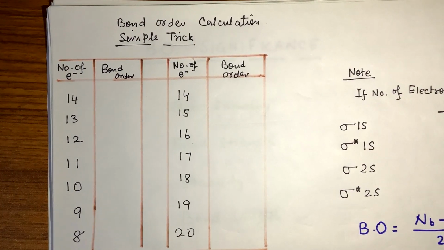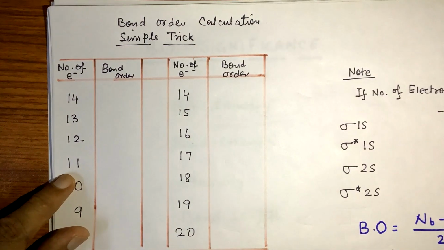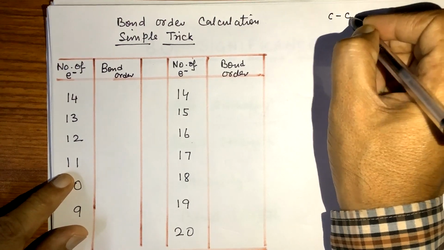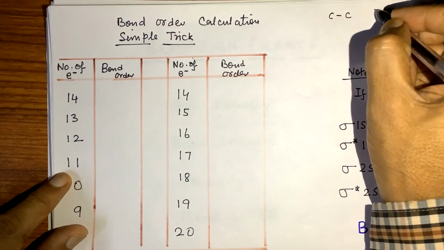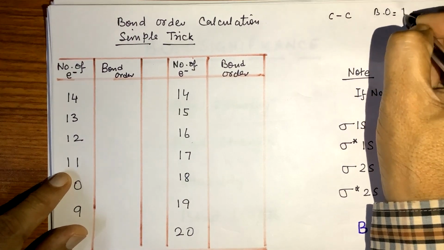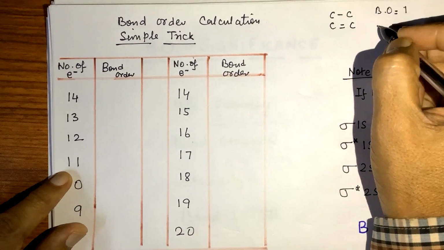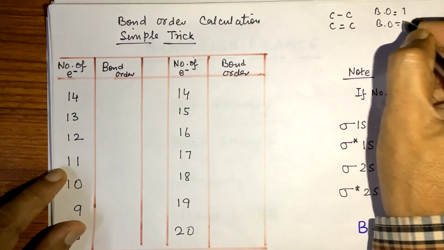Now in this lesson, we are going to do one more topic, and that is bond order. What is bond order? First, let us define what a bond order is. If the number of bonds is 1, we say that bond order is equal to 1. If the number of bonds is 2, then bond order is 2.